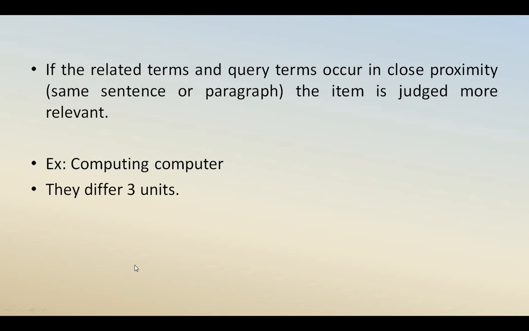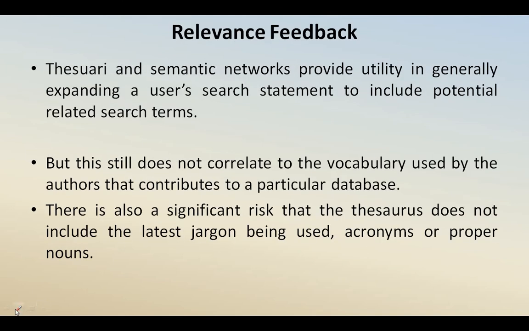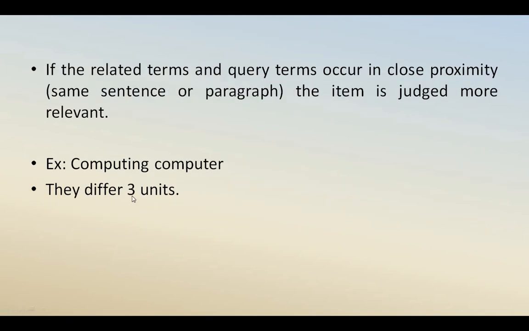If the related terms and query terms occur in close proximity, then the item is judged more relevant. For example, look at this particular example. These are two words, computing and computer. Up to compute it is the same, but the first term differs from the second term in three units.